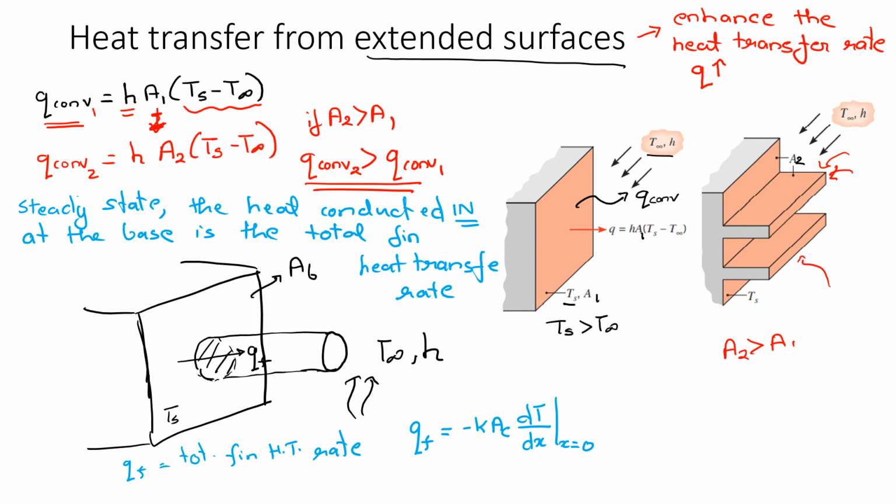So your x is the direction which is away from the base, so the base will be x is equal to 0, and AC is the cross-sectional area of the fin. So there will be conduction or conductive heat transfer that will be flowing in the x direction across the fin.